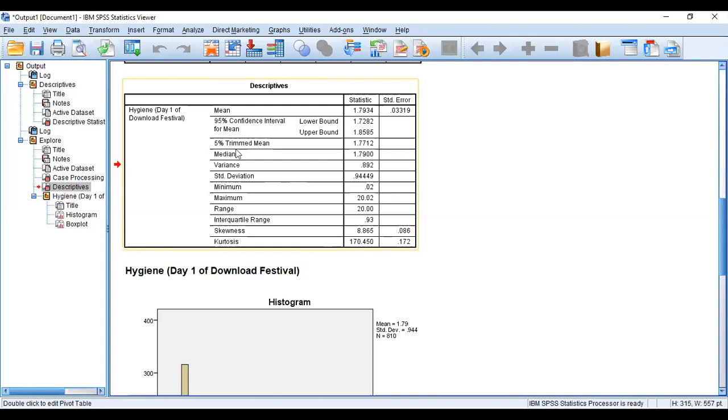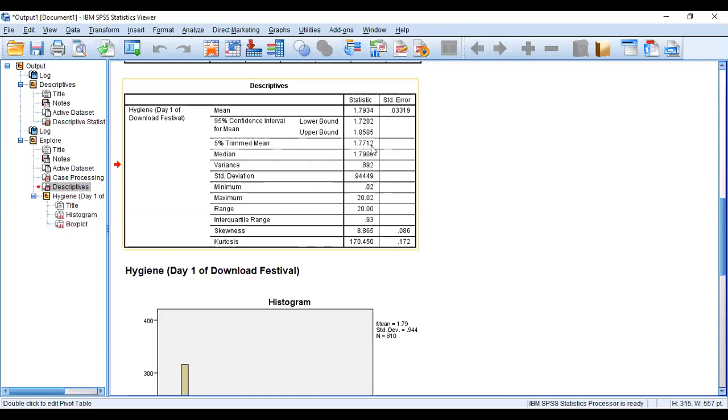And the 5% trimmed mean: if we cut 2.5% extreme observations of the left tail and 2.5% of the right tail, then our mean would be 1.719.